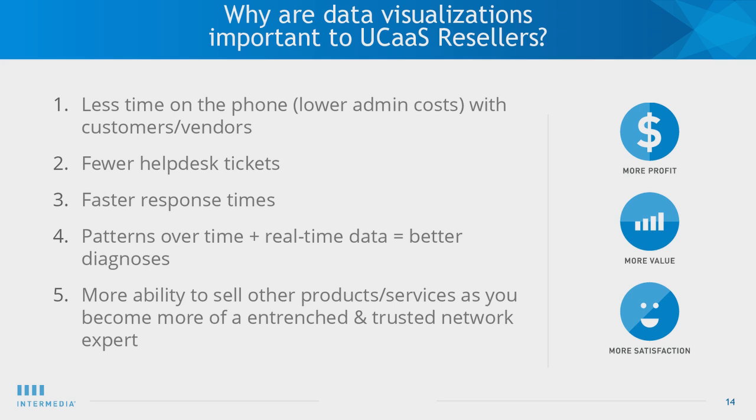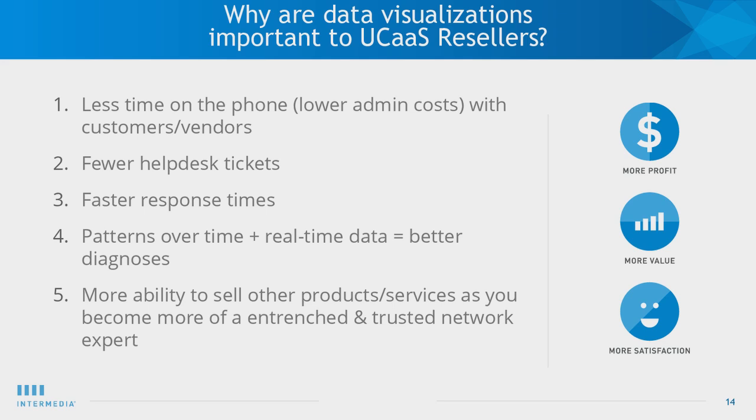In the case of the QoS tool, when service might be just starting to degrade, even imperceptibly to the customer, you'll get a notification and it gives you time to go in, make some adjustments, and make some recommendations to the customer to get that resolved before they even start having an issue. So obviously that gives you faster response times, because you can respond before the customer even notifies you themselves that there's a problem.